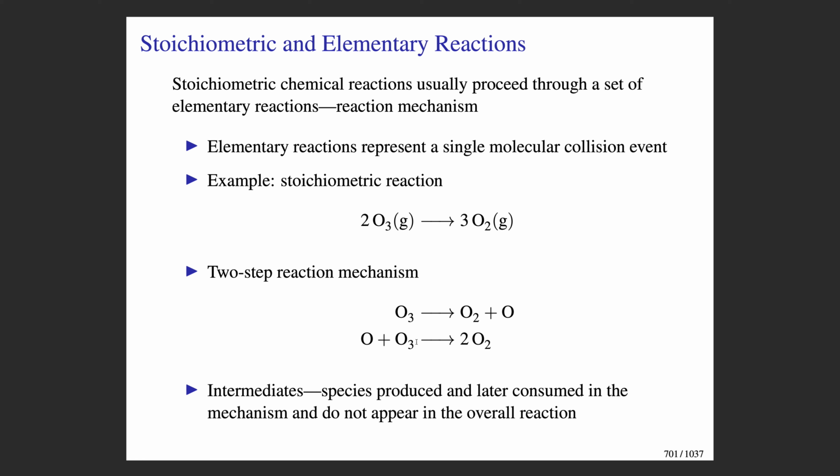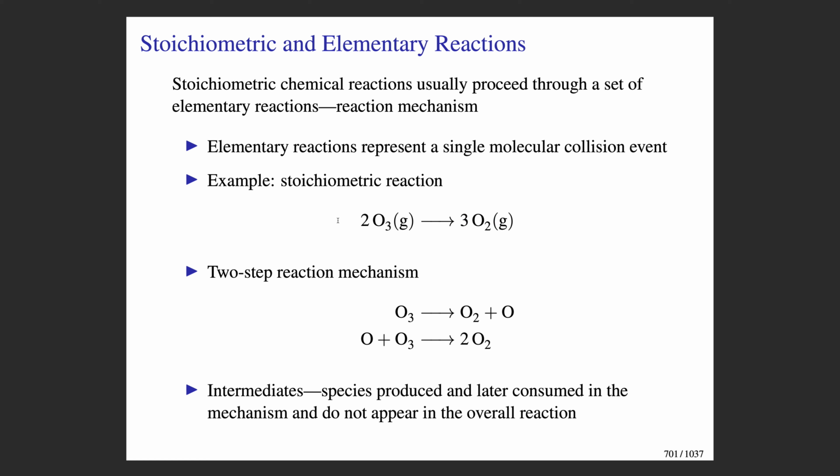In the second step, an oxygen radical collides with an ozone molecule, and then you get two oxygen products out of it. So these are definite chemical events, whereas what we see in the stoichiometric chemical reaction is just what we have at the beginning and just what we have at the end, without any knowledge of what happens in between.